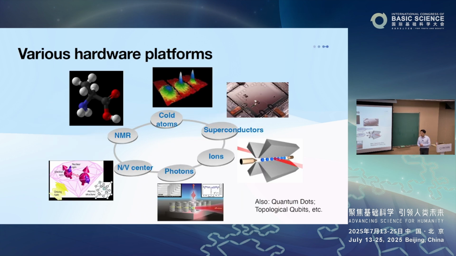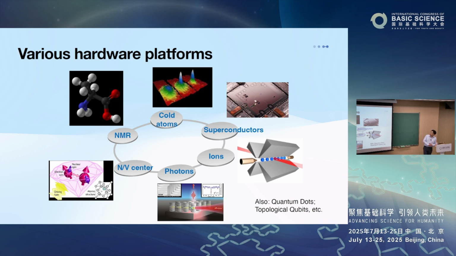There are many hardware platforms trying to build quantum computers and quantum sensors. They range from solid-state systems to cold atoms and ions, photons, and NV centers. Some of them are better for precision measurements, and some are better for quantum computing.